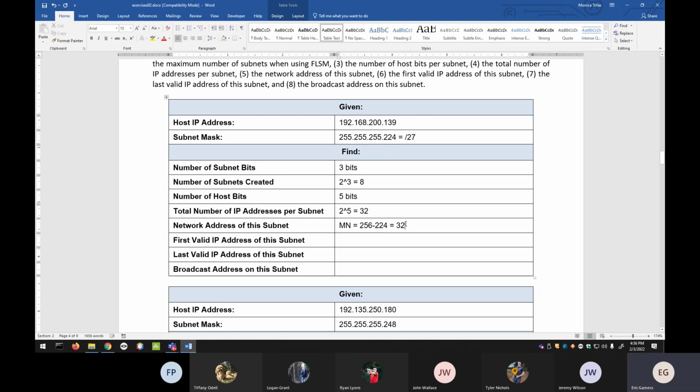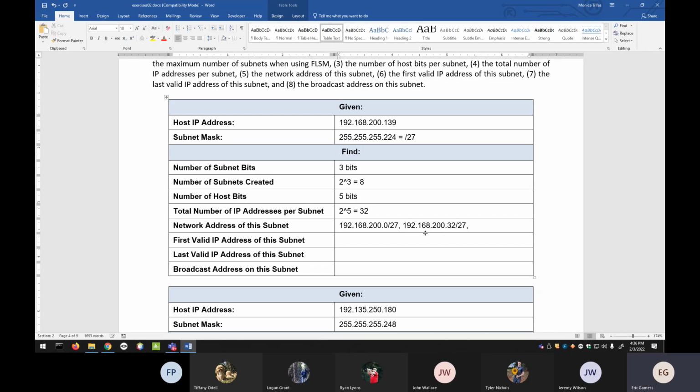So what are the possible subnets? 192.168.200.0. This is a subnet. What is another possible subnet? Since we go by steps of 32, 0 plus 32 is 32.